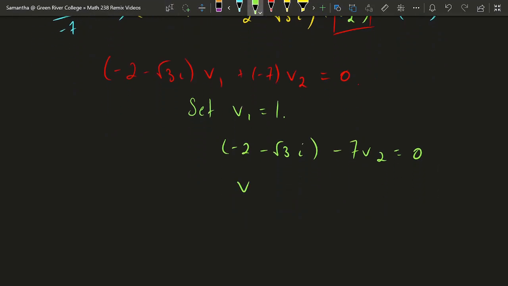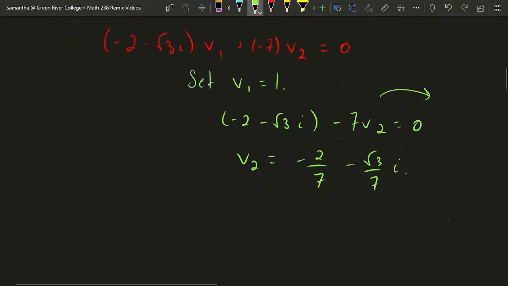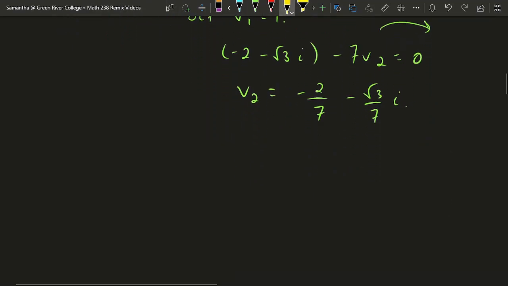Solving for v2, moving this to the side and dividing by 7, -2/7 minus root 3/7 i is the corresponding value of v2. And so the eigenvector going with eigenvalue number 1 is given by v1 equal to 1, and then v2 given by this quantity to compensate.